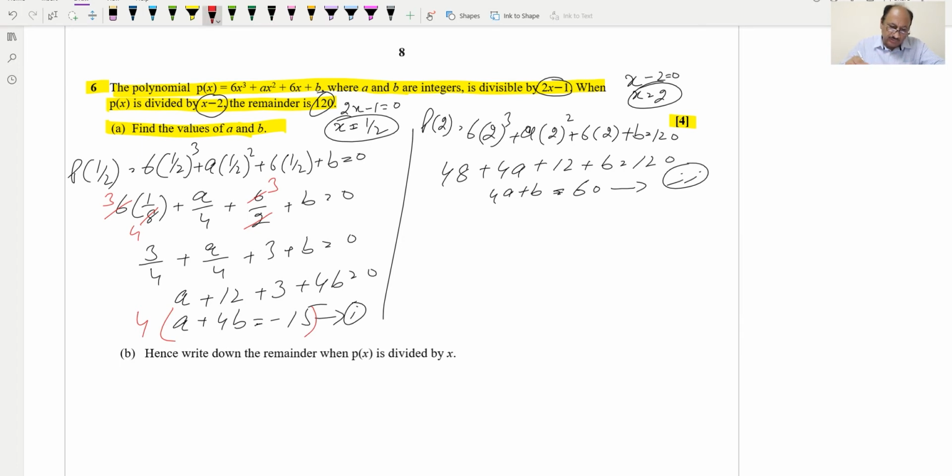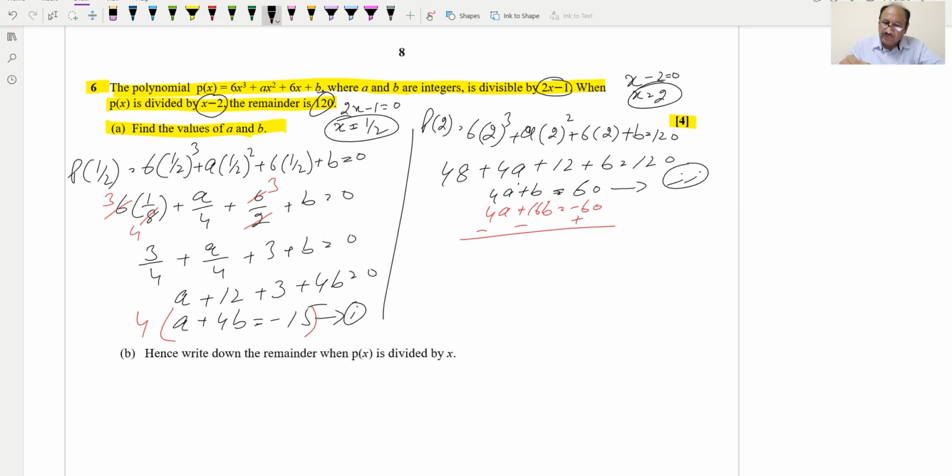I will write here 4a plus 16b is equal to minus 60, and we can change sign, so it will be minus and this will be plus. So this will be cancelled.